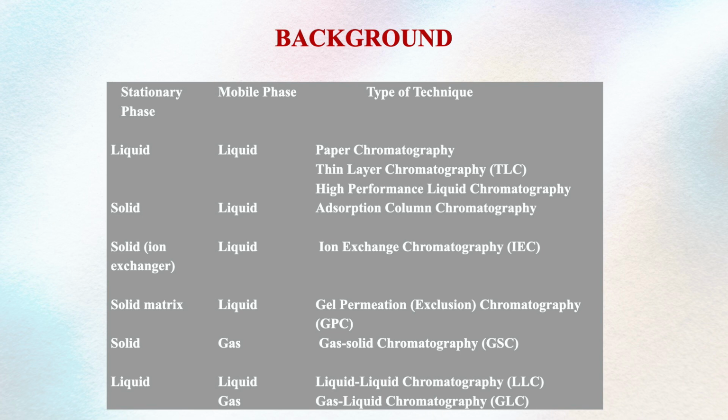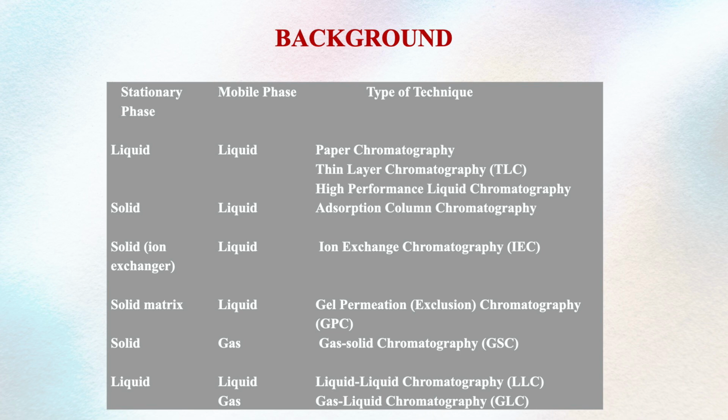Similarly, when you use a solid material as the stationary phase and the mobile phase is a liquid, we call it adsorption column chromatography. Similarly, if the solid support is an ion exchange material, recollect the basics of biomolecules: biomolecules have different charges.